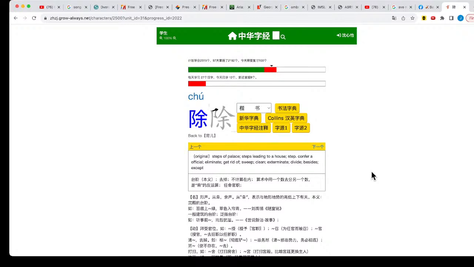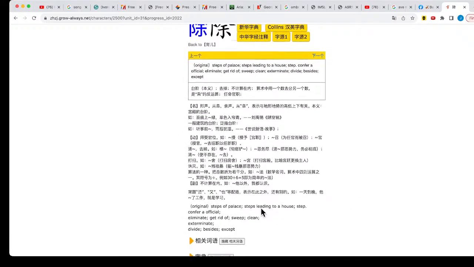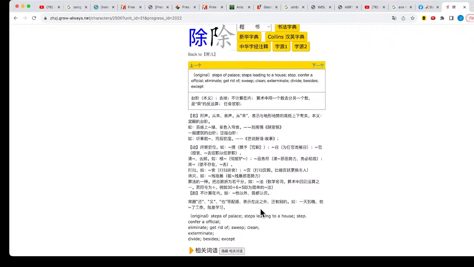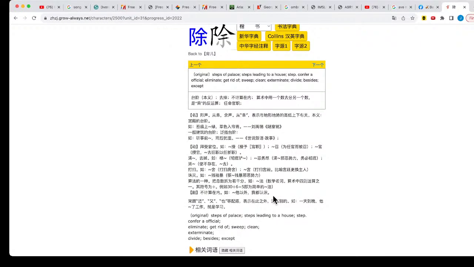It also means 大扫除, sweep, clean, exterminate, like 斩除. It's also a math operation: 除 means divide. Sometimes it also means besides, so you will say 除了什么什么. For example, 除了他以外我都认识. That means I know everybody except him.